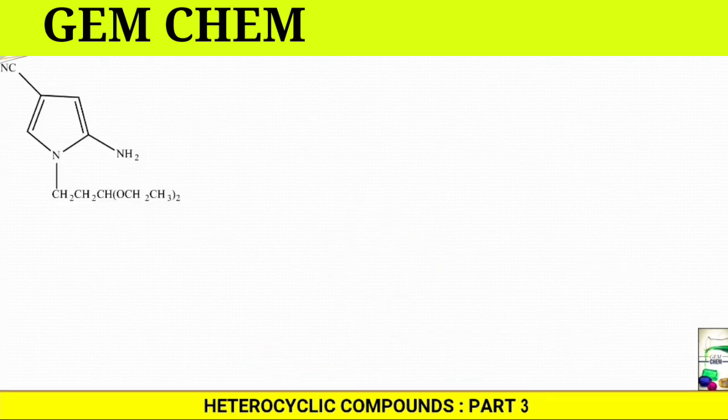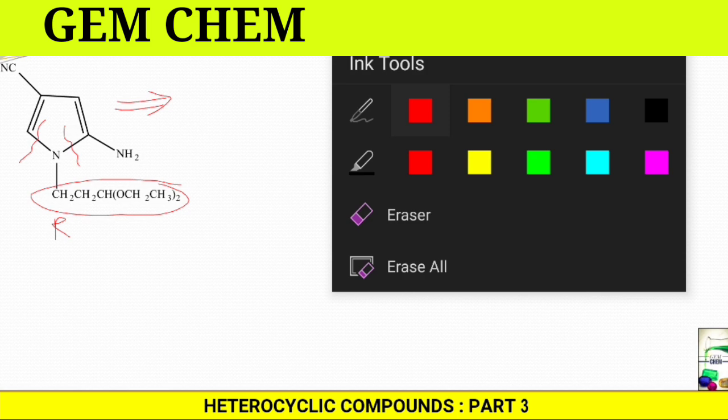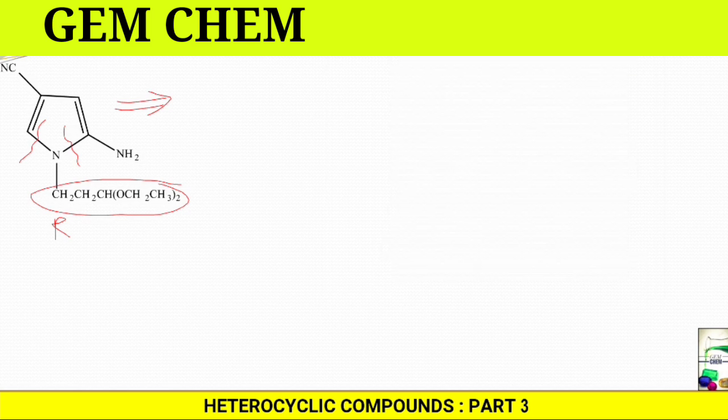So for this particular molecule, this part I am going to take as R and not carry forward it together. So if we consider here the retrosynthetic pathway, we are going to break this bond as well as this bond, and in the same way as that previous one, we are going to have the moiety as this part having cyanide.